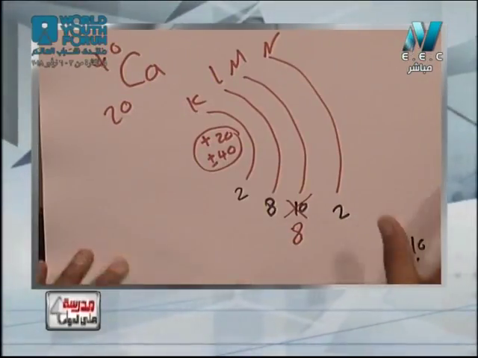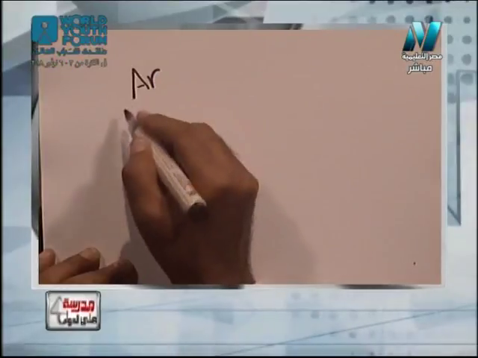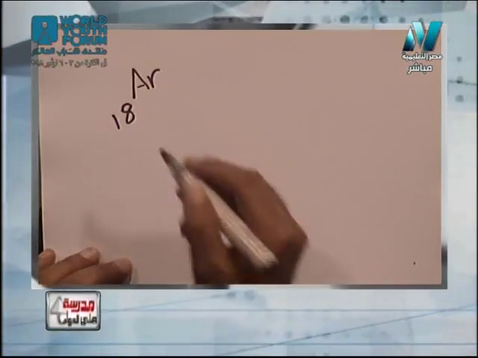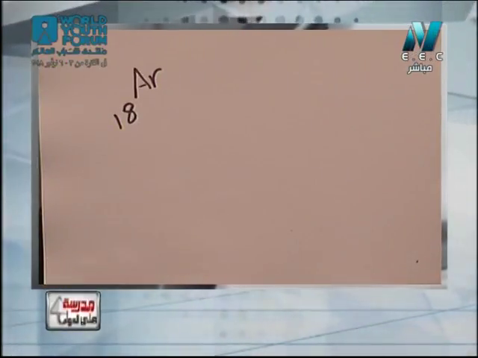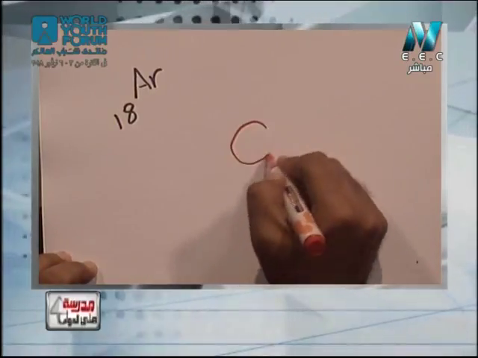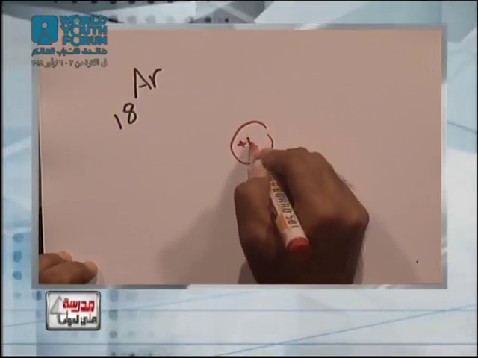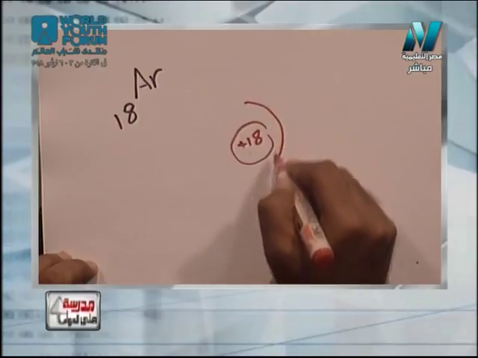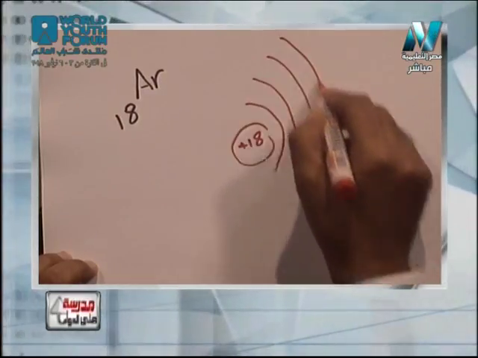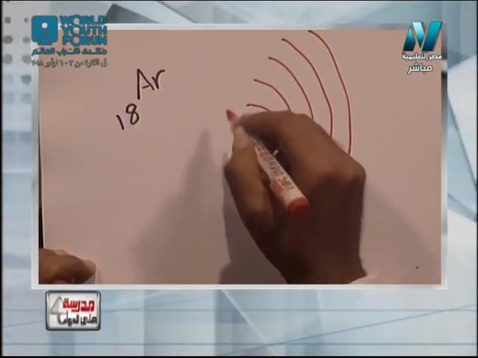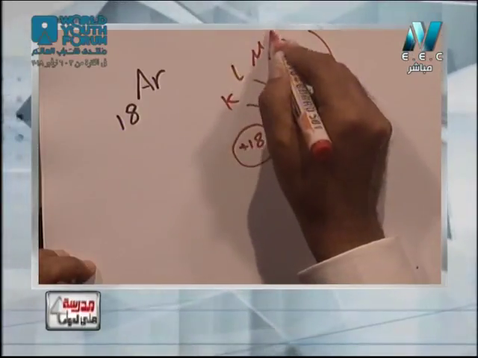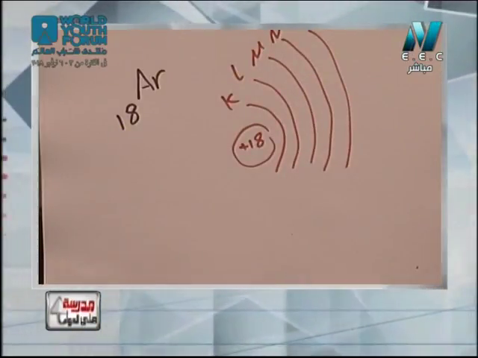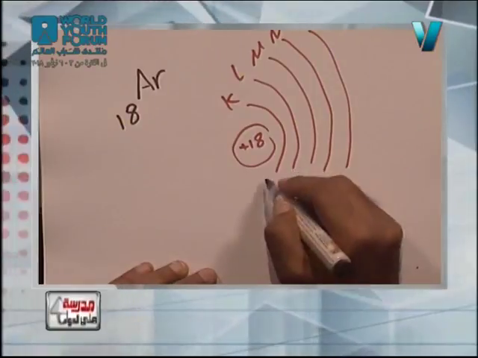Okay. Argon. Argon gas. Ar 18. So here 18 positive. First K, L, M, N, O. K can carry 2.